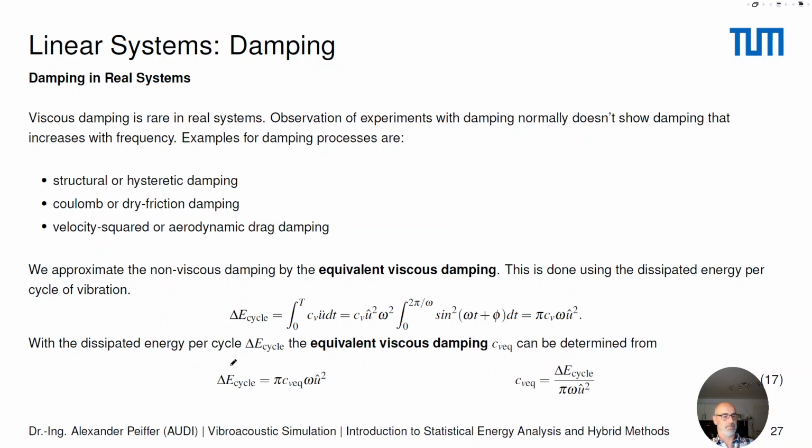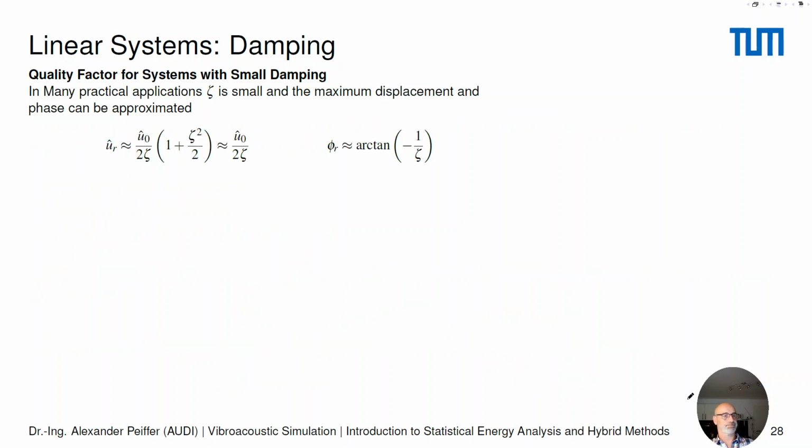We take the same energy lost, but now we use the viscous equivalent damping, and this leads us to the definition. So we just identify the energy lost in the oscillator for whatever kind of damping we have, divided by those quantities, so pi, omega, and the squared amplitude.